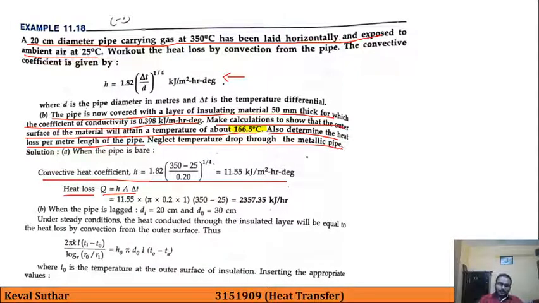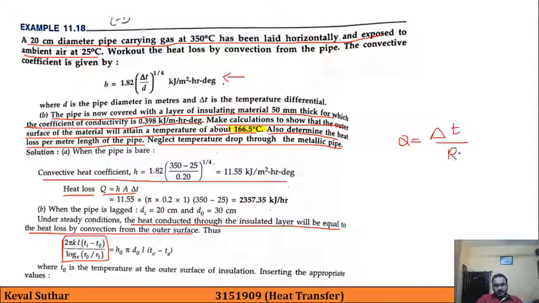So here, under the steady state conditions, the heat conducted through the insulated layer will be equal to the heat loss by convection from the outer surface. So if you recall, this is the way we can get the value of Q. Q is equal to delta T upon RT.